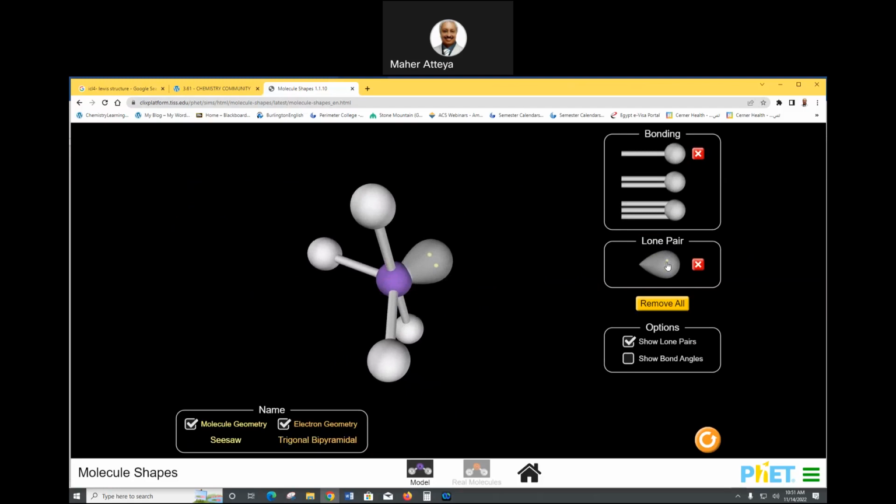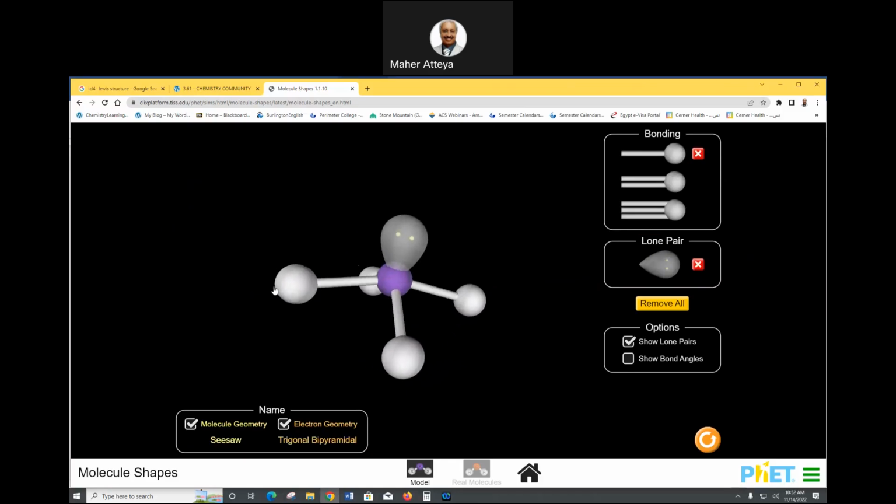What is this? Look at this, guys. The shape is called seesaw. So that's the molecular shape. I can transfer this one here. I will exclude this one out, and consider this one here, here, here, and here.